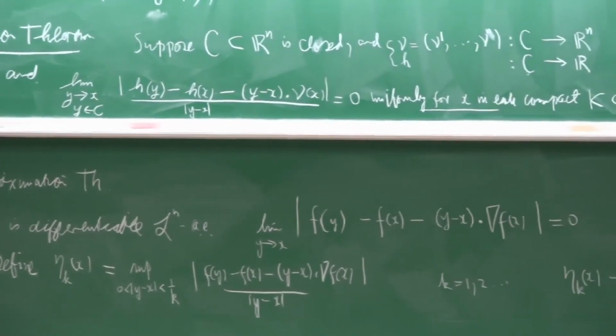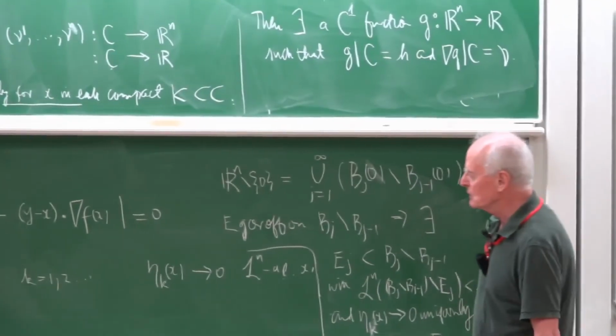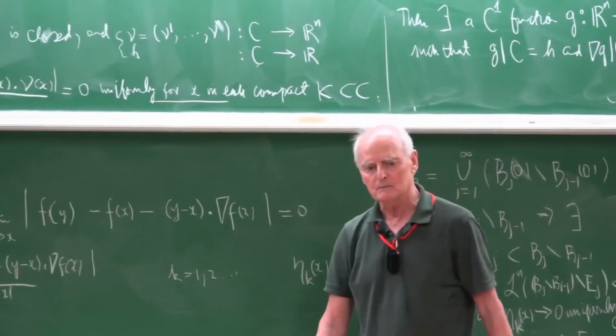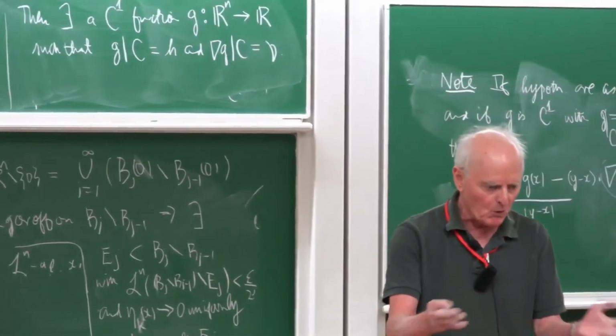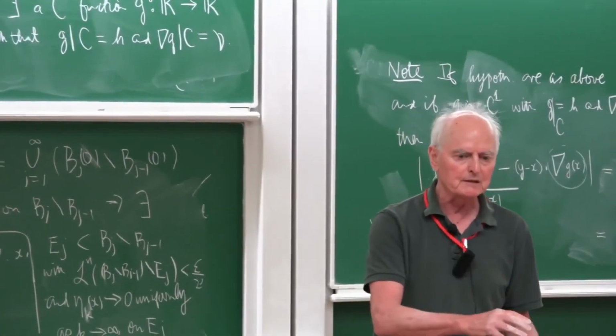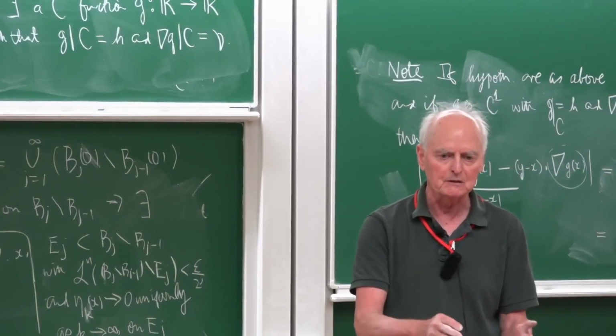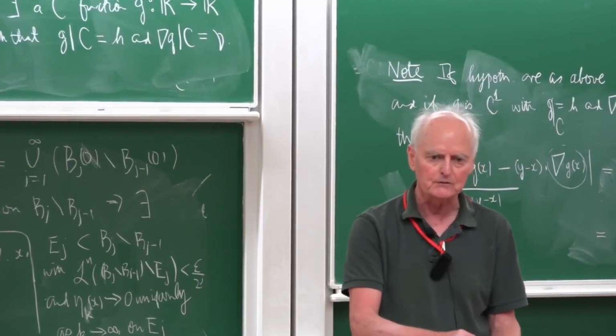So that means we should use Lusin's theorem. Remember, Lusin's theorem says that you can throw away a set of small measure and be left with a continuous function. The restriction to what's left will be a continuous function.